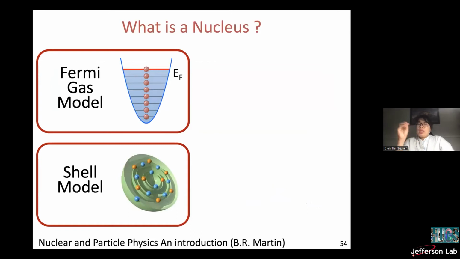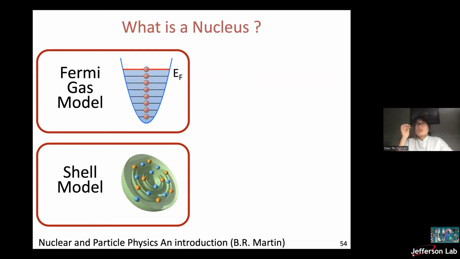When we have an effective model, different effective models have different assumptions, so you may see a different picture of the nuclear structure. In this talk, we will touch on two models: the Fermi gas model, which is one of the simplest, and the second one, the independent particle shell model, which is one of the most successful.